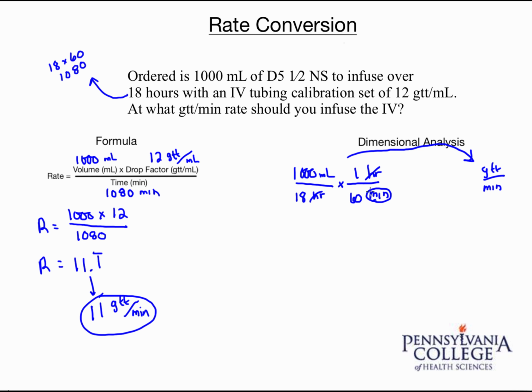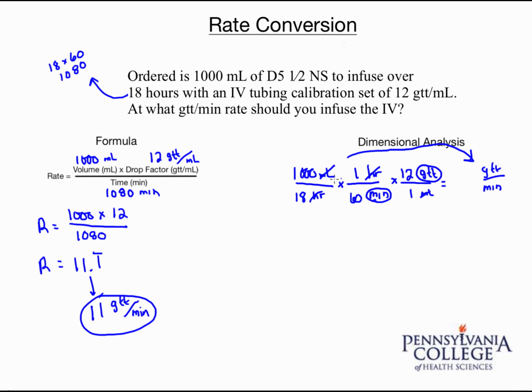But I don't want milliliters per minute. I want to cancel out milliliters. So I'm going to write a unit of milliliters in the denominator of my next factor, because I want to go from milliliters to drops. This is going to be the calibration, the size of the tubing, which we know is 12 drops every 1 milliliter.